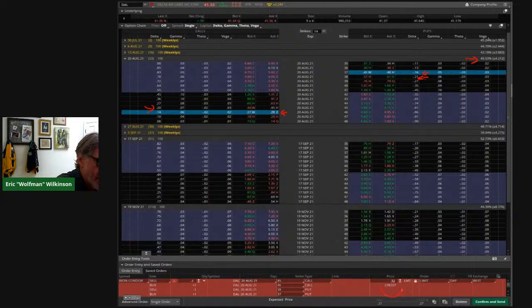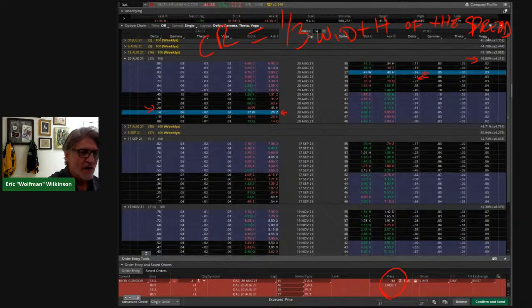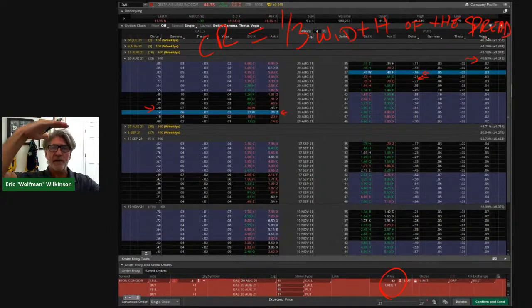Now, the key here, though, is to collect. Your credit needs to equal at least a third the width of the spread. What does that mean? Keep this in mind. When we're doing an Iron Condor, we're trying to sandwich this underlying. I'm trying to sell a call spread up here and a put spread down here.